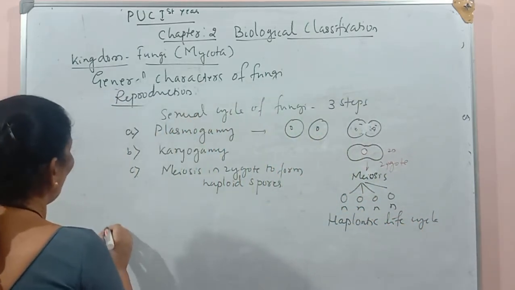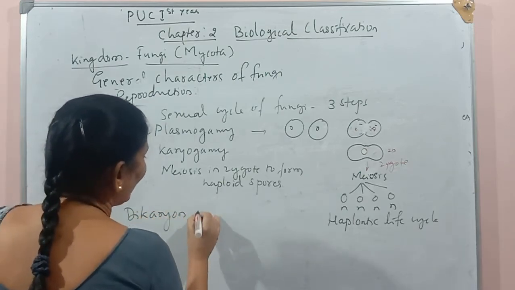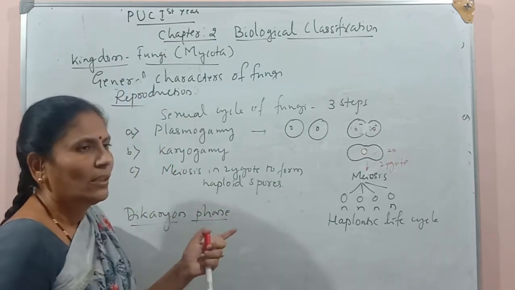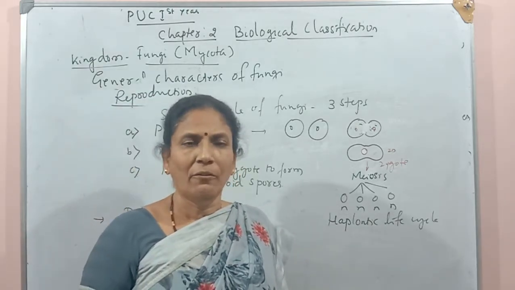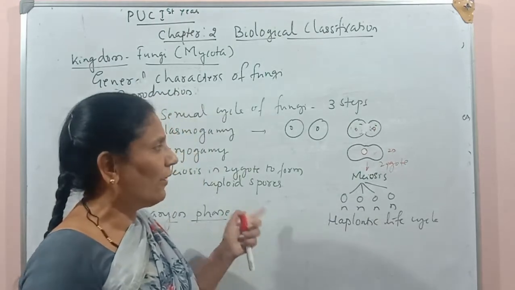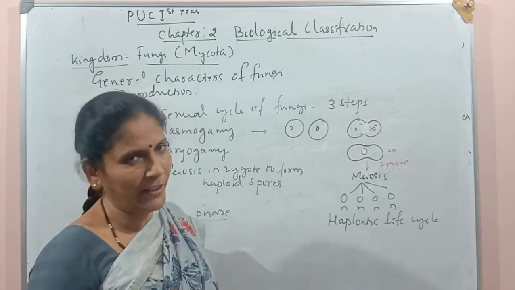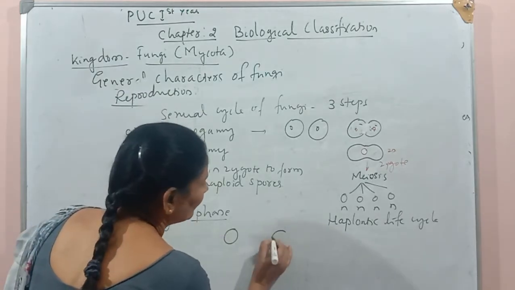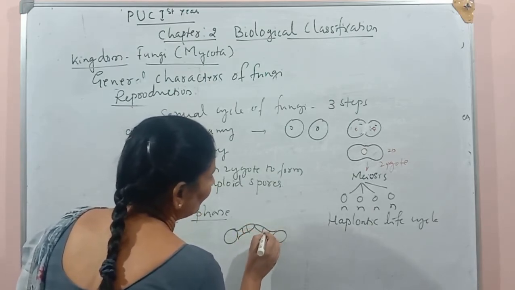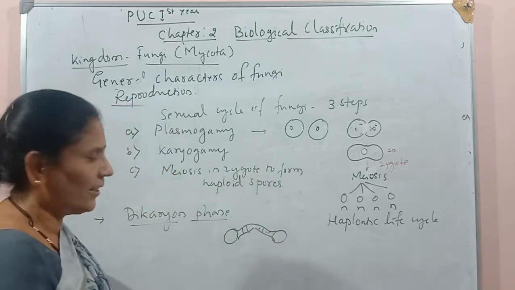The fungi also show a dikaryon phase. When fungi reproduce sexually, the hyphae of compatible type come very close to each other, and the crosswalls degenerate.